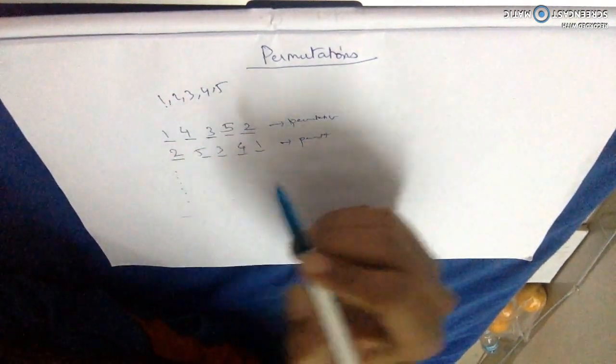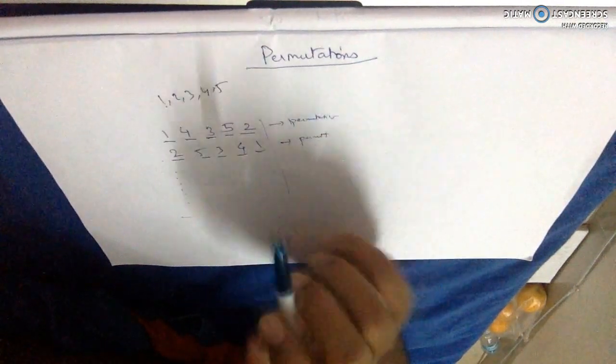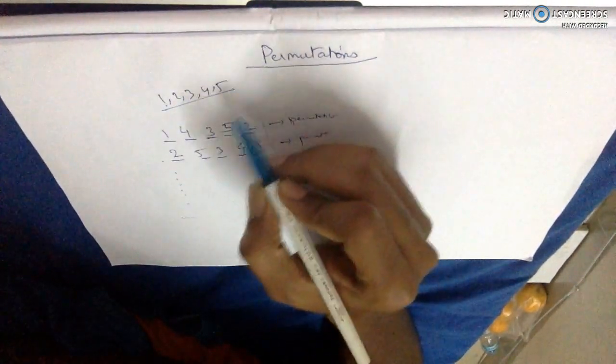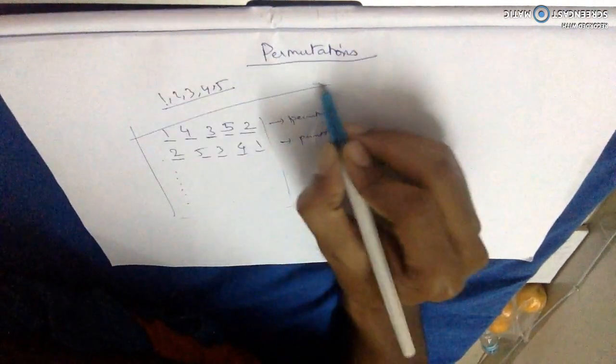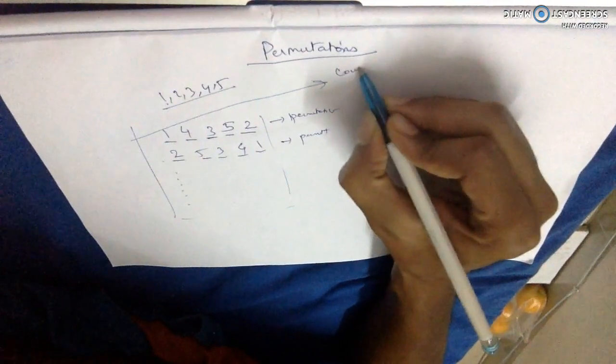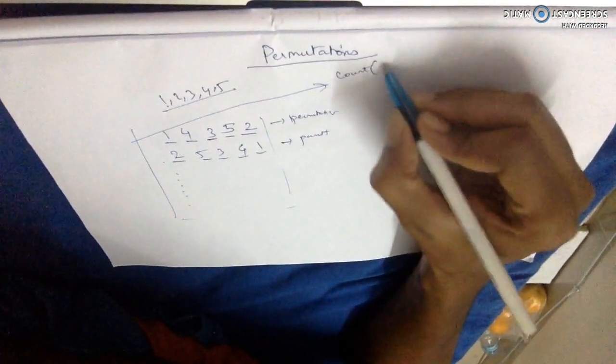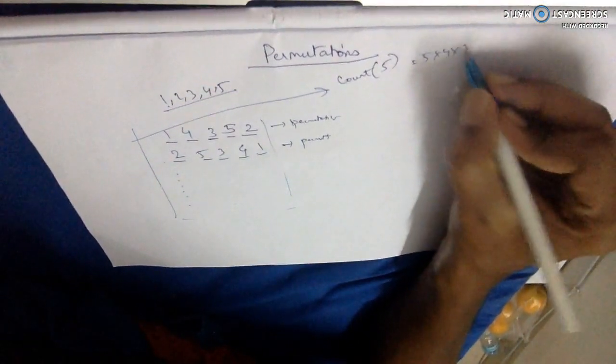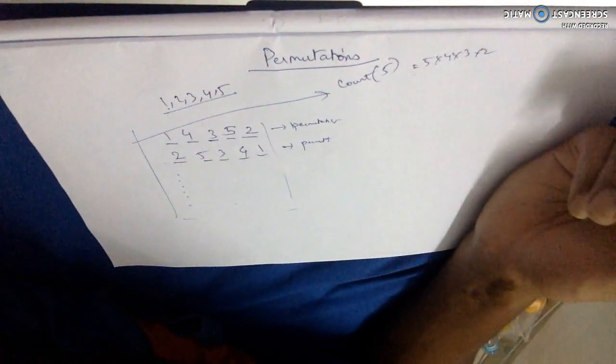all the different permutations that are possible from these five numbers, basically shuffling them. When you count them, the answer is 5 into 4 into 3 into 2 into 1.